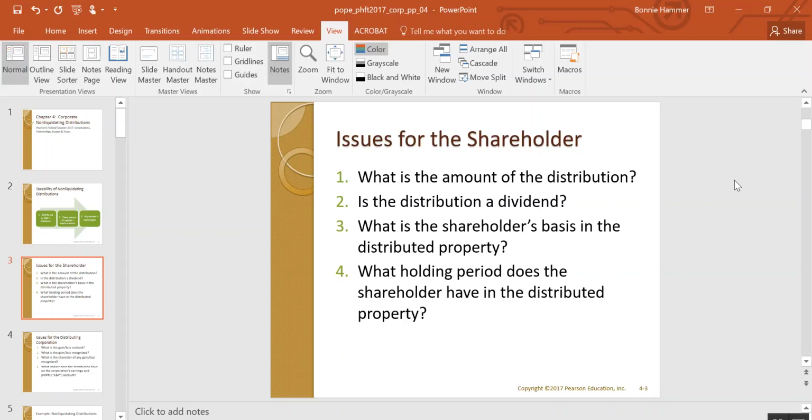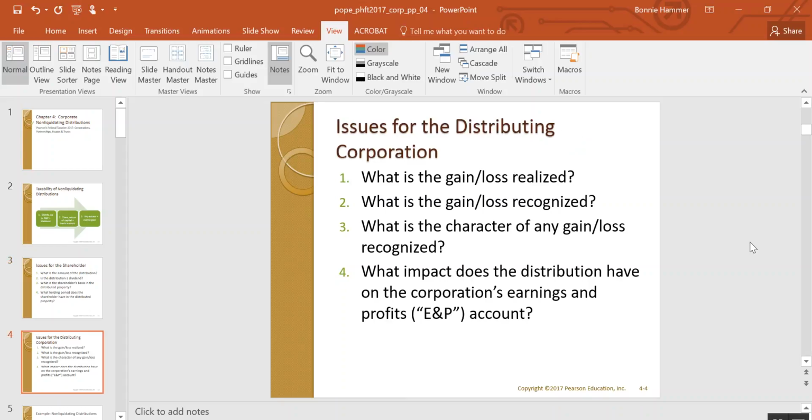Does he start fresh with the property, or does he take a carryover in the holding period? As we learned in some prior chapters, sometimes you take on a fresh holding period, so you start at day 0, and sometimes you take on the holding period of the distributing corporation giving you the property.